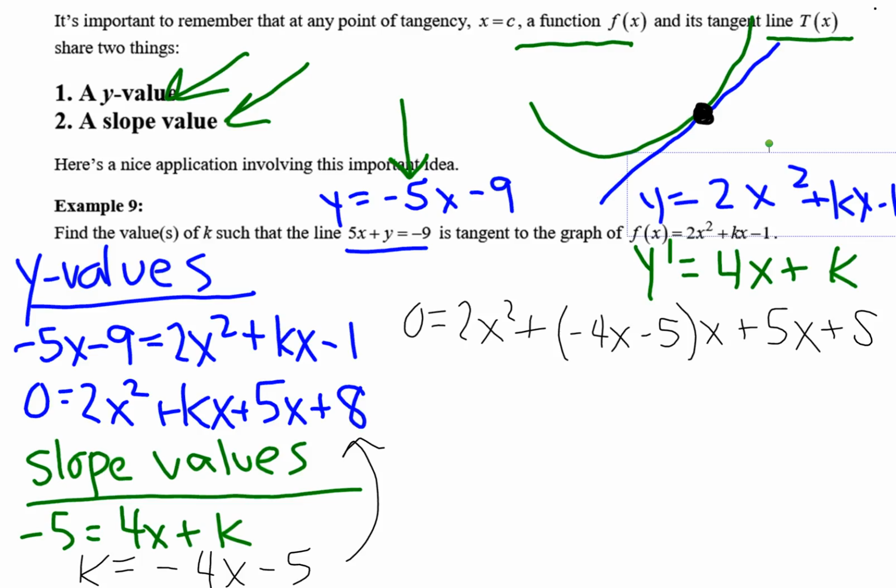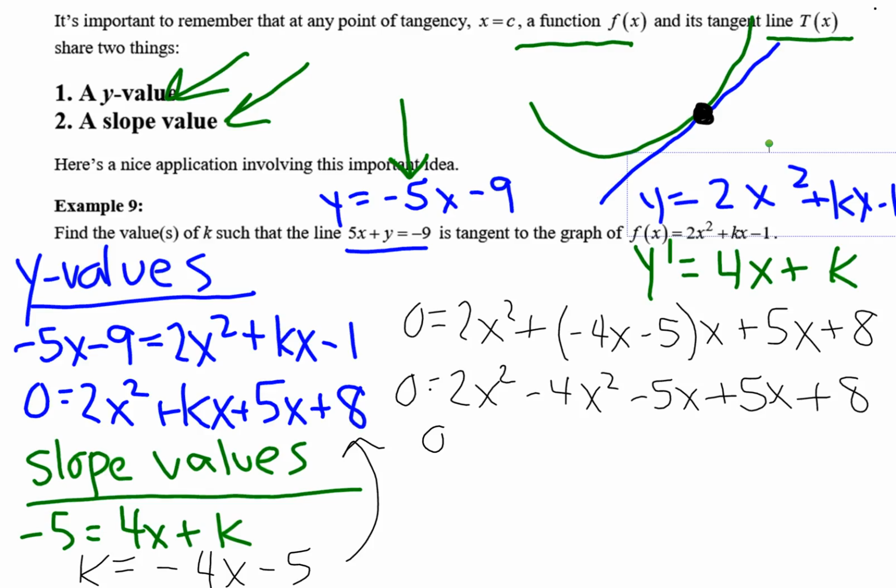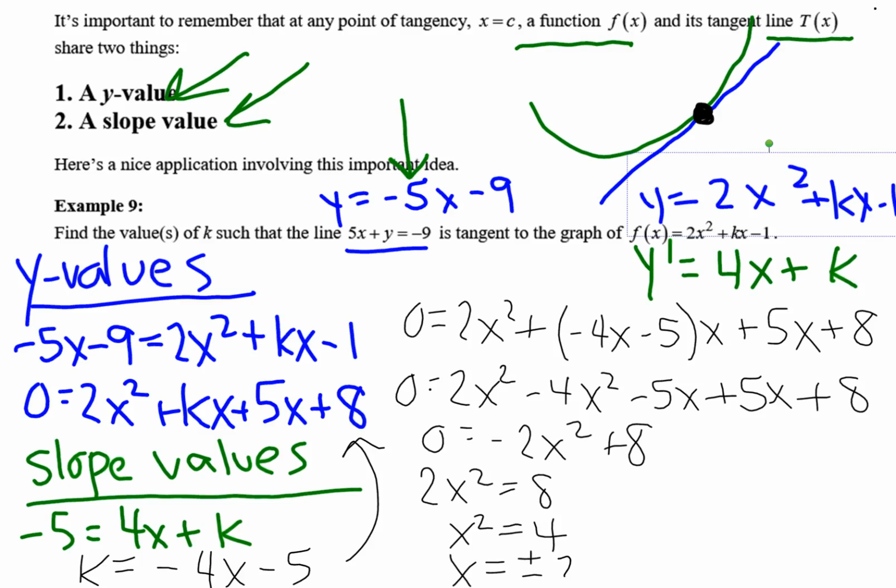Now it's just some algebra work. Okay, that simplifies a little bit nicer. So we have 0 equals negative 2x squared plus 8. Solving that, x equals positive or negative 2.